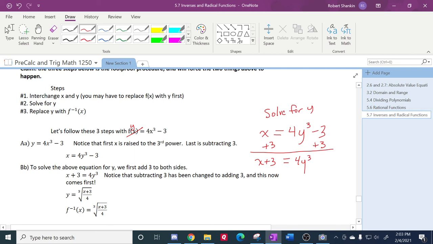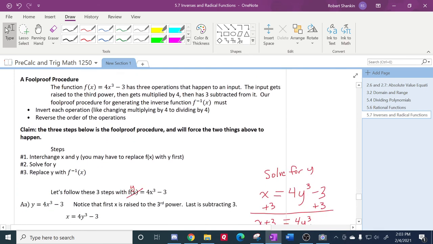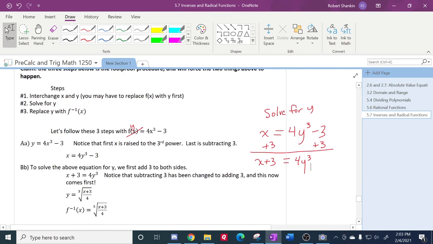Okay. Now if I keep solving for y, let's notice back again. If I had told you that x was 2, the first thing you would do to find f of 2 is cube it. The second thing you would do is multiply by 4. The last thing is subtract 3.